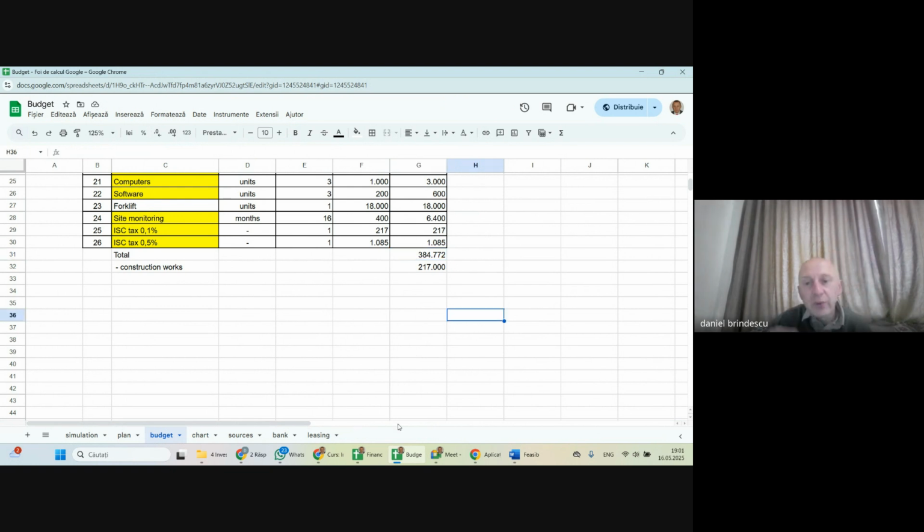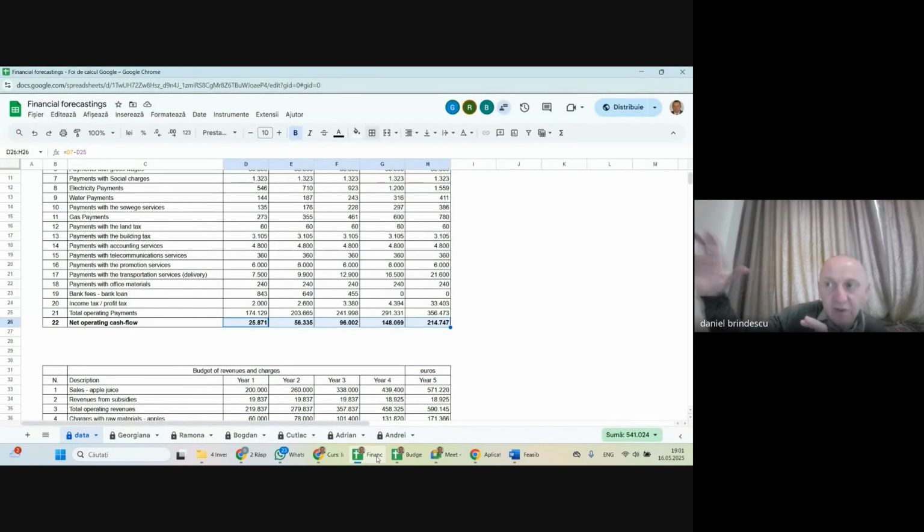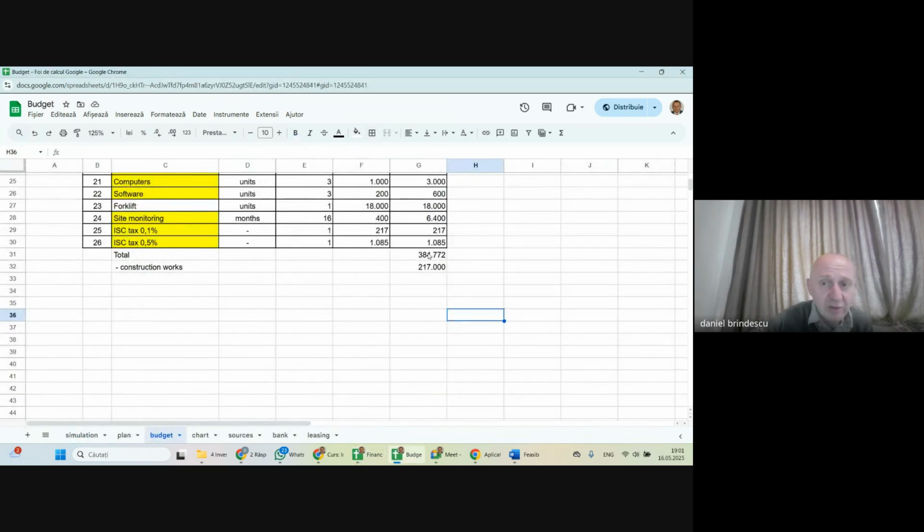So, in a first stage, I need to find out what the present value of these future operating cash flows is, and then to see whether the value that I have to pay, the value from the budget, is more or less.